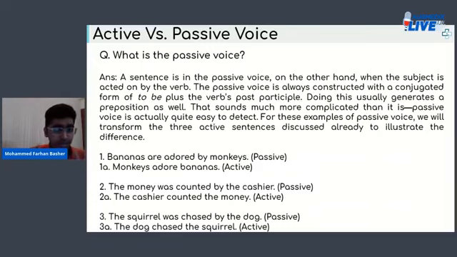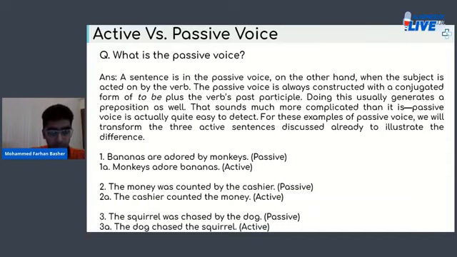So in the passive voice, whenever you change a sentence into the passive voice, the verb form changes as well, right? Such as in the active voice, the verb adore remained adore, but in the passive voice, it changed to are adored. So how are verbs formed in the passive voice?